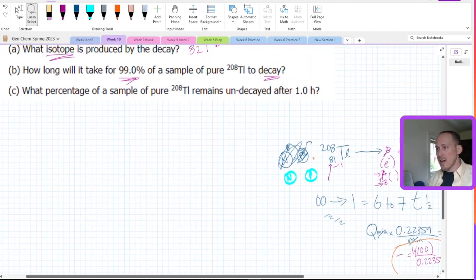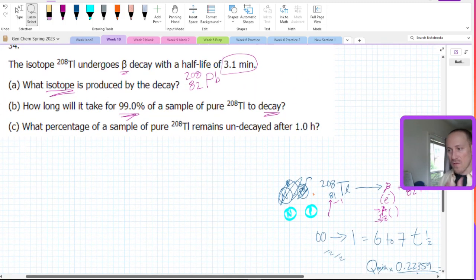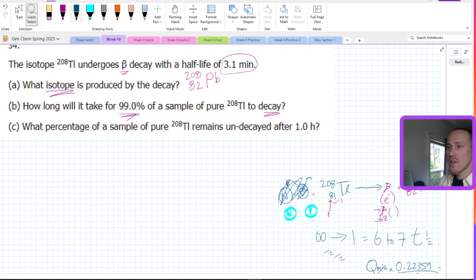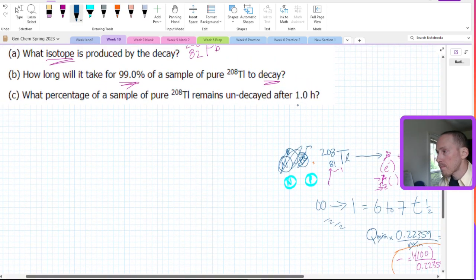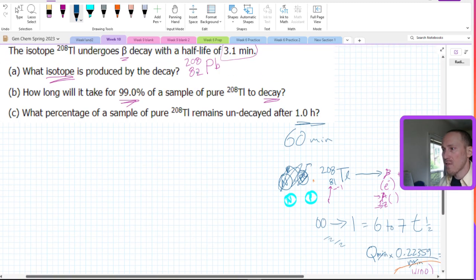And then it says after 1 hour. Okay, so first off, notice that we're at a different unit of time. So it's actually 60 minutes, right? Because our rate that we had been given up here for the half-life is in minutes. So we need to talk in minutes.